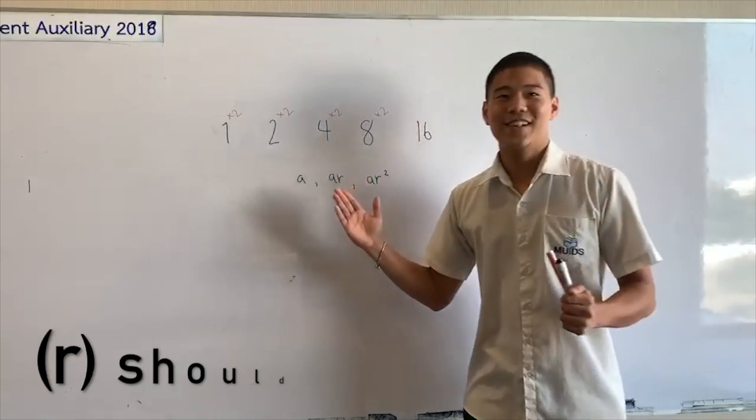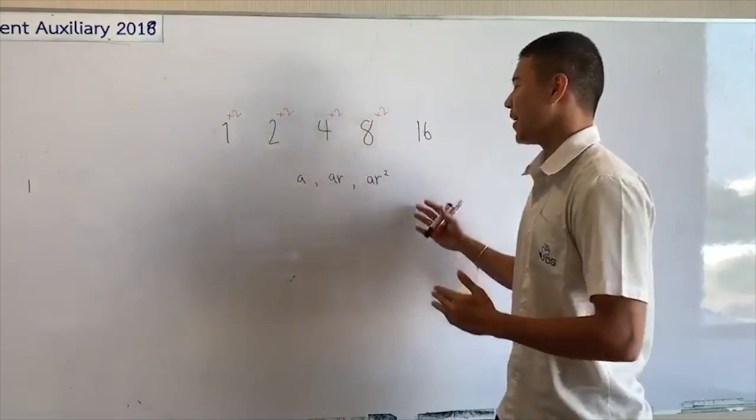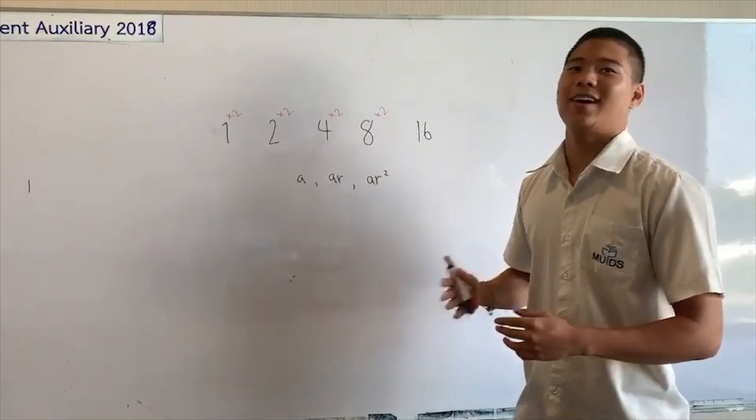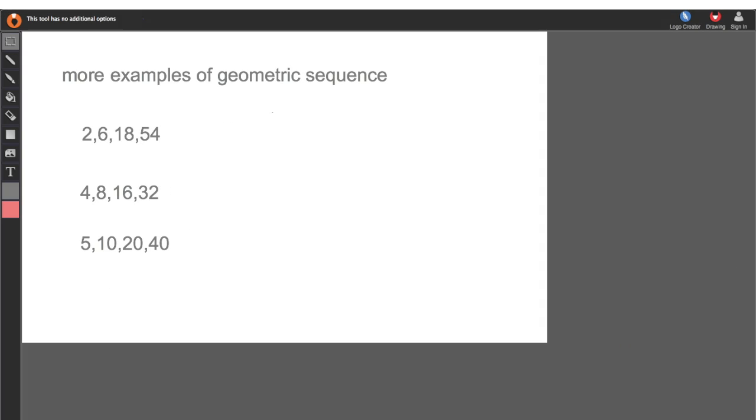But be careful, r should not be 0 because this would not make this set of numbers a geometric sequence. Okay now guys, if you are curious about an example of a geometric sequence, I'll give you a set of numbers: 2, 6, 18 and 54.